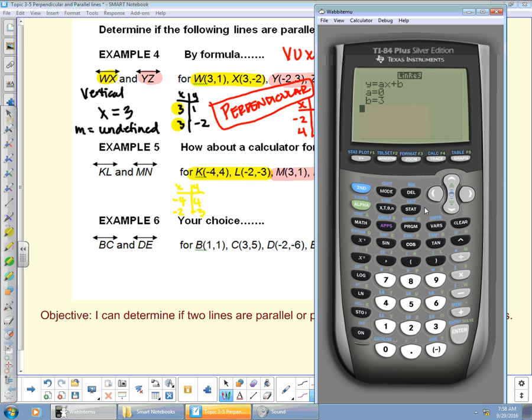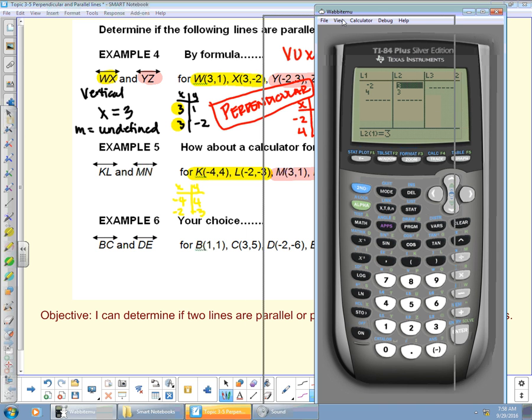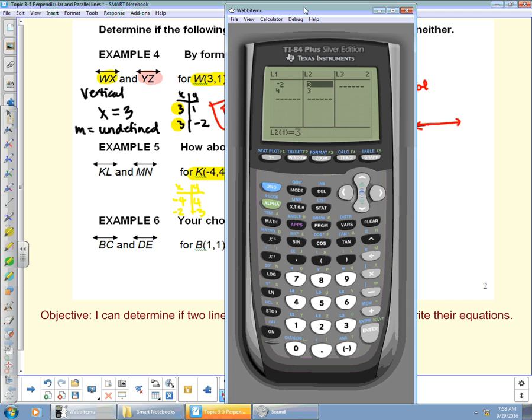So stat, press enter, clear the data. So -4, -2 goes in L1, and then 4 and -3 goes in L2.